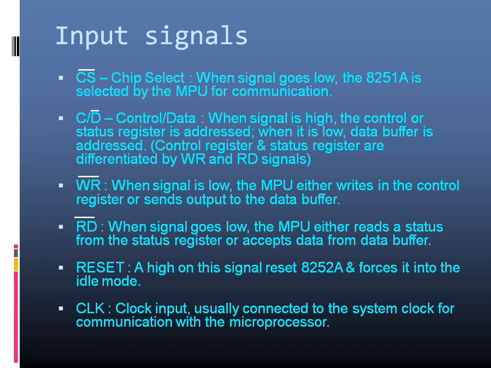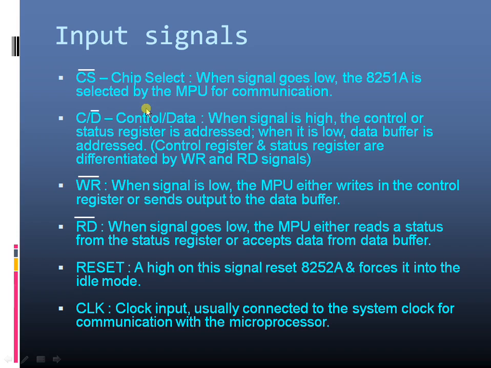Then we have C by D bar, as you can see here. C indicates control and D indicates data. As we have seen, the data bus can carry data information as well as control information. This particular pin informs the 8251 whether the information present on the data bus is data or control. If the data bus is carrying data information, then this pin would be 0.